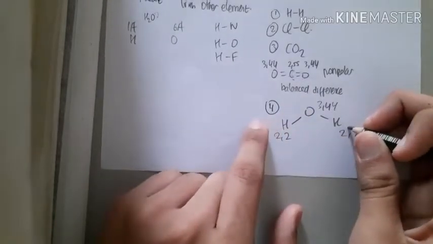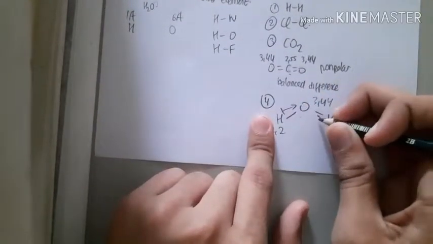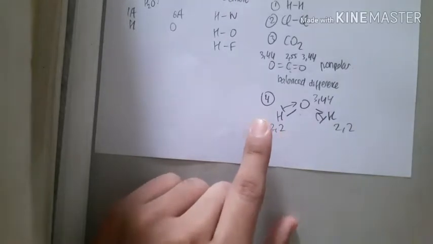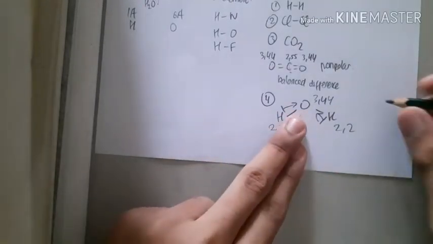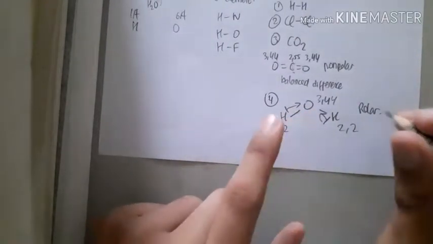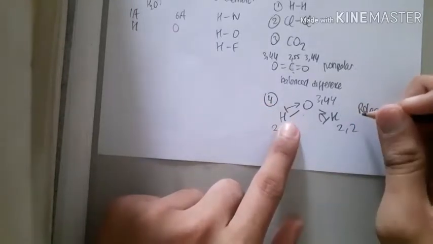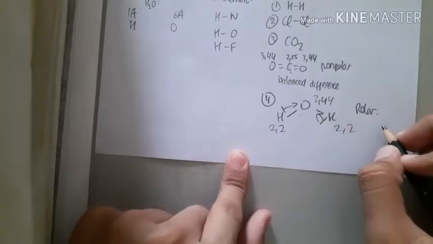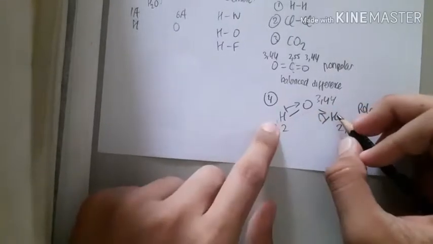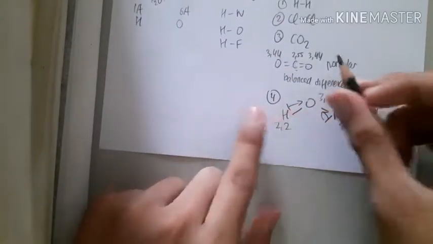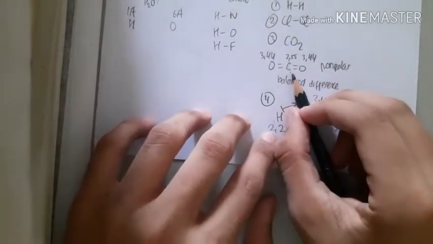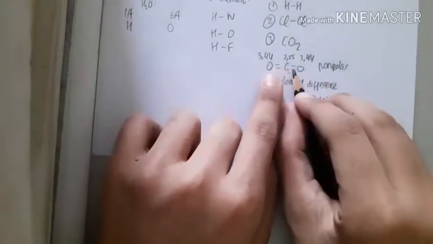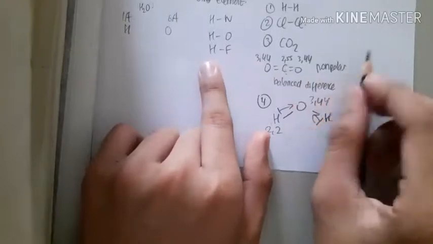So both hydrogens are pulled toward the oxygen. This is actually polar, because no element wants to pull H from the other side. Both H are pulled by this oxygen, while CO2 is pulled by one oxygen and by the other oxygen. So they are balanced.